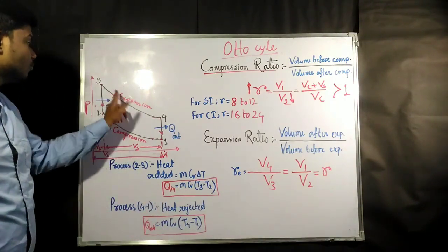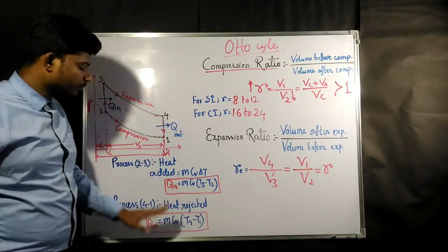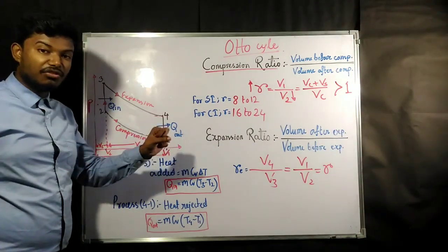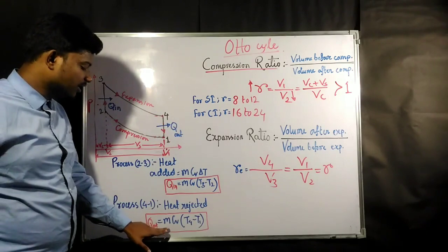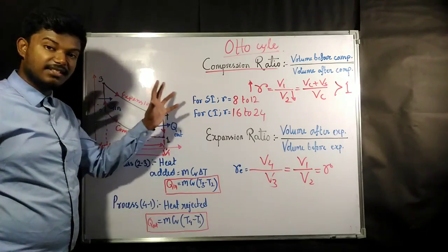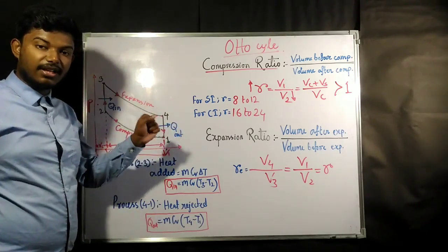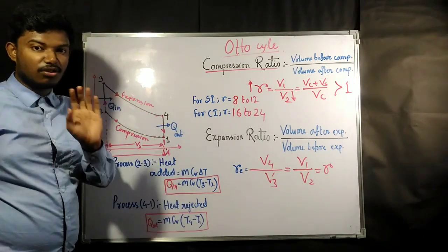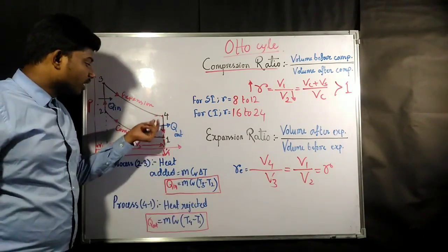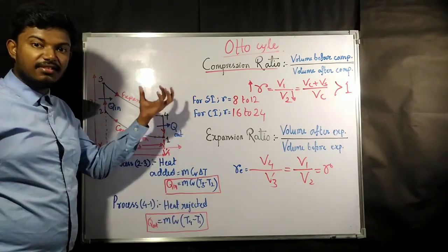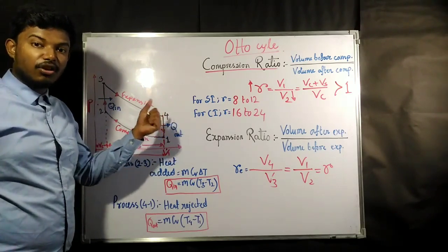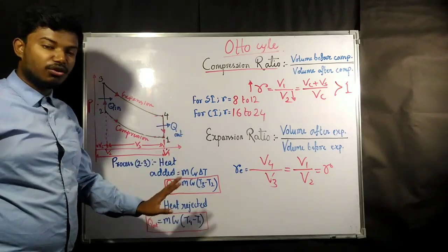Similarly, for process 4 to 1, it is again going to be a constant volume, so the mass of air inside the cycle is going to be the same, so m into Cv. Since the air is the same, the Cv and Cp are constant values. Whatever the substance inside the cylinder, its Cp or Cv value is not going to change.